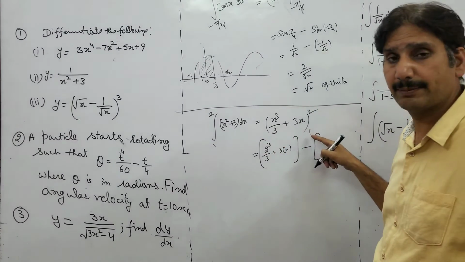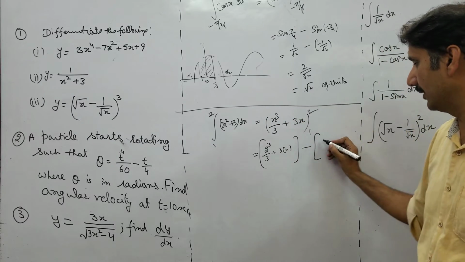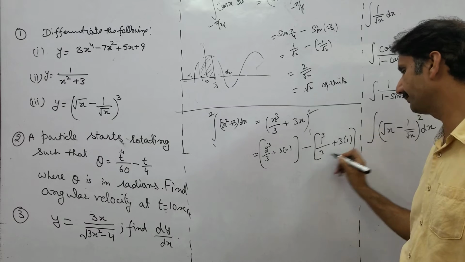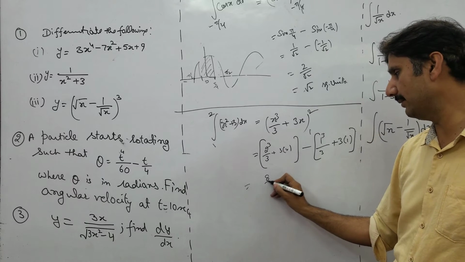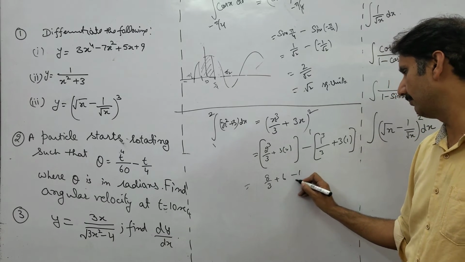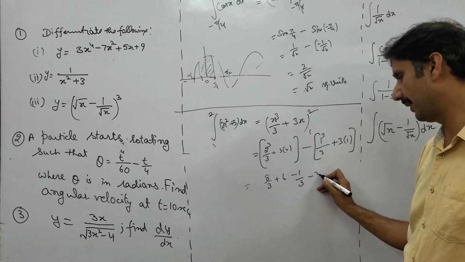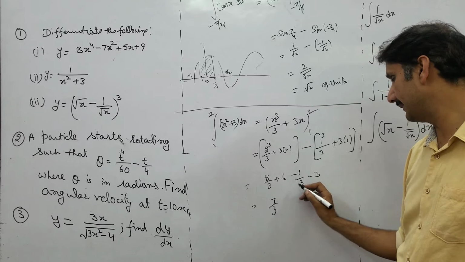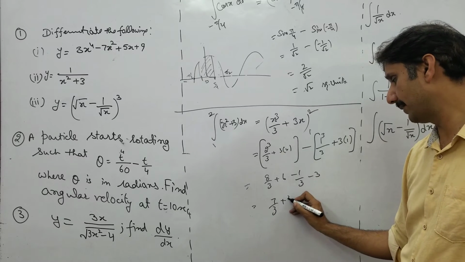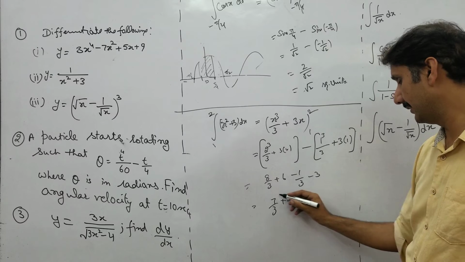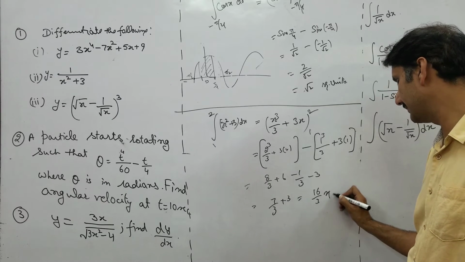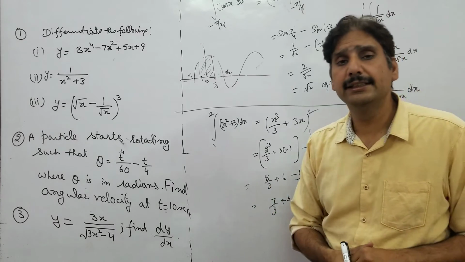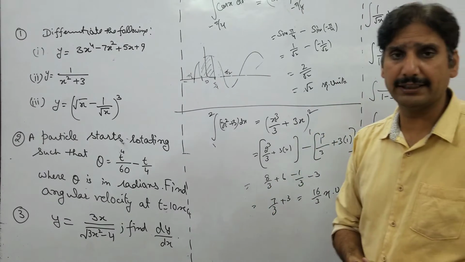Now, in the whole expression, replace x with the lower limit. So 1 cubed divided by 3 plus 3 into 1. This becomes 8 by 3 plus 6 minus 1 by 3 minus 3. So it becomes 8 minus 1, 7 by 3, 6 minus 3 is plus 3. This is 16 by 3 square units. So that's the answer. That's how you proceed with the questions on definite integral.